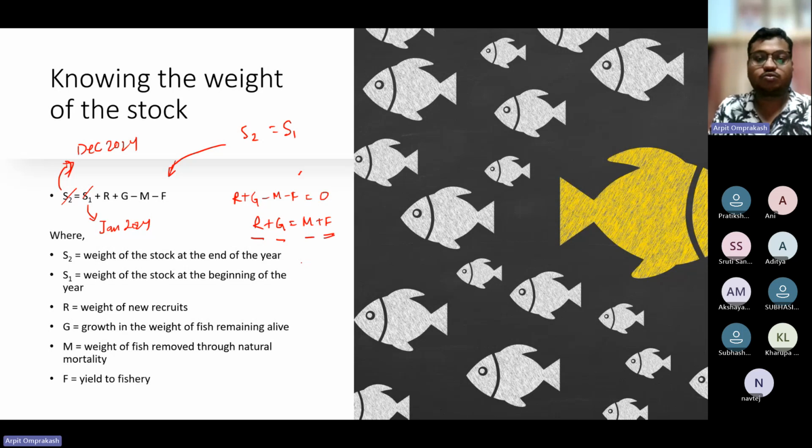Right. So basically, if you want to understand how much biomass we can actually catch without affecting the population, then F will be given as R plus G minus M. And if you can estimate these factors somehow, you can determine the optimum yield, or how much of the biomass of the population we can take out from the system without affecting the population.